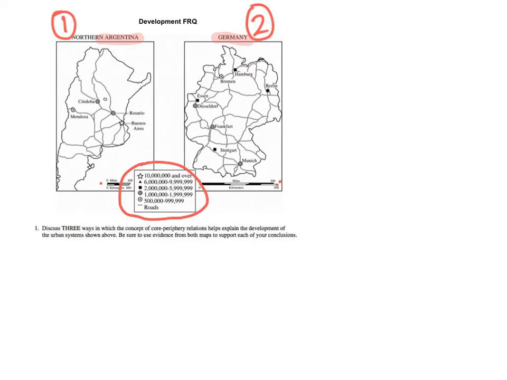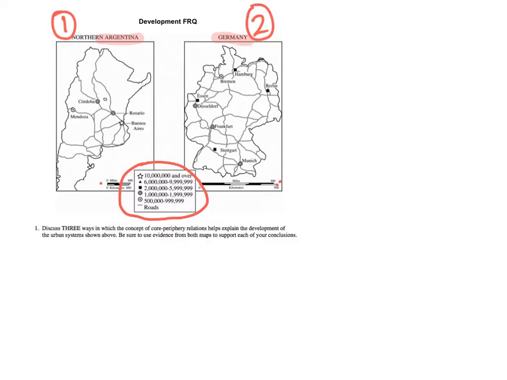The key is giving you the population of the cities in the stimulus. Big cities, slightly less big cities, a little bit fewer people cities. It's funny to say that a city of up to 2 million people is not that big, but not as big, right? The smallest city on here is 500,000 to just under 1 million.